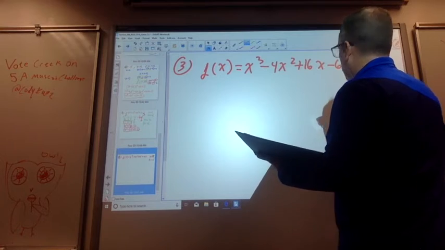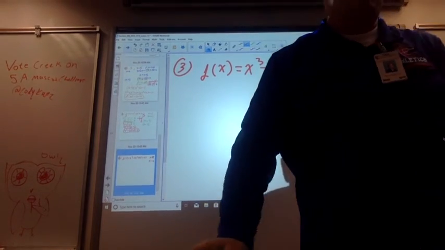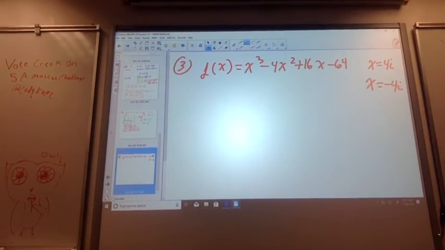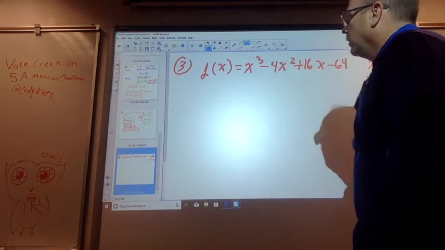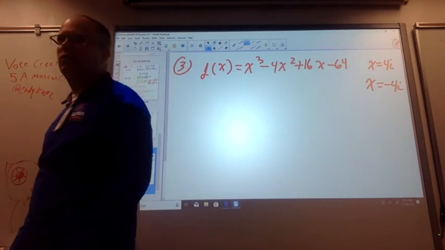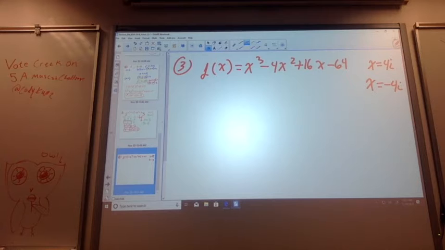Negative 4i. Okay? So, I would not even mess with this on synthetic division because 64 has an ungodly amount of factors. It has 1, it has 2, it has 4, it has 8, 16, 32, 64. There's a ridiculous amount, and it's the positive and negative components of all.